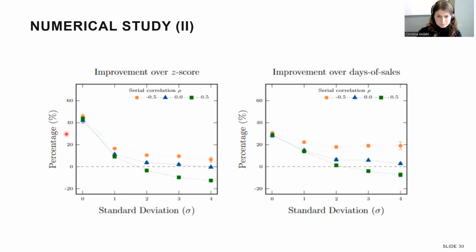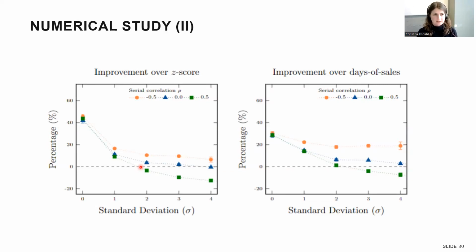What we can see here as well is that the more standard deviation we have in the demand, the less we are outperforming the Z-score policy. And in addition, if demand is positively correlated, then even the Z-score policy outperforms our policy.